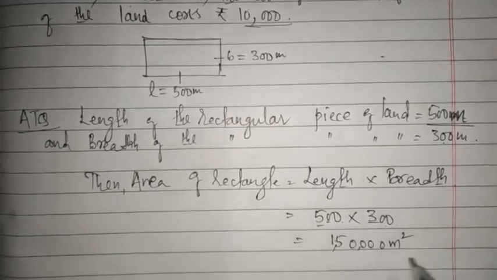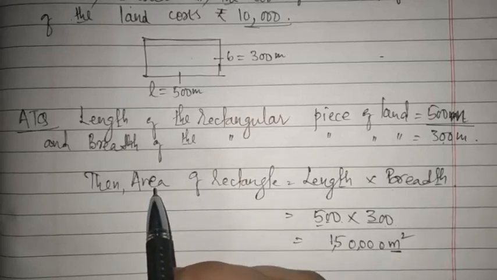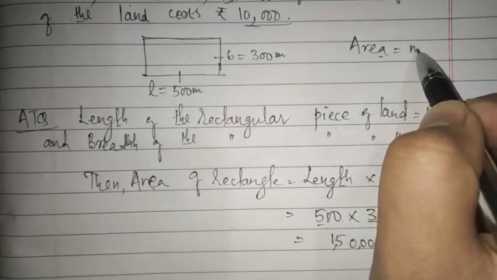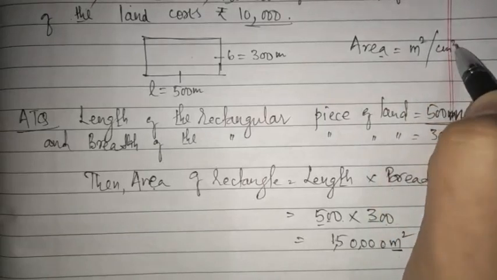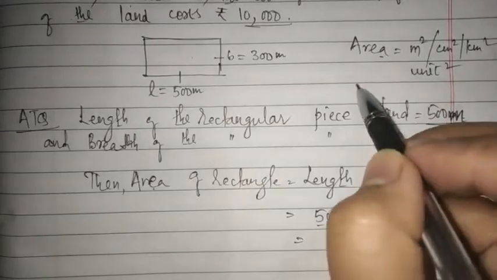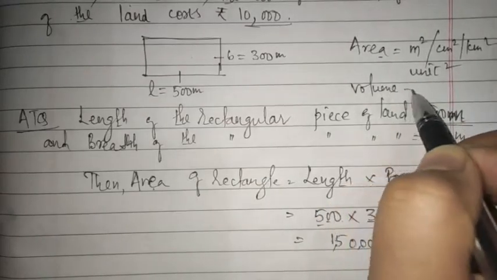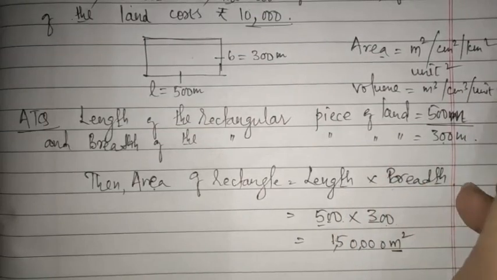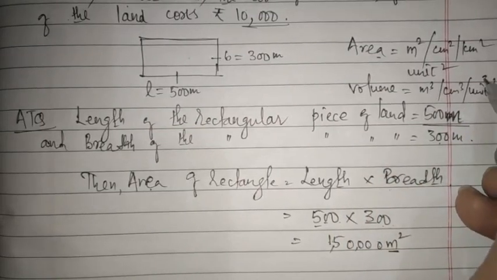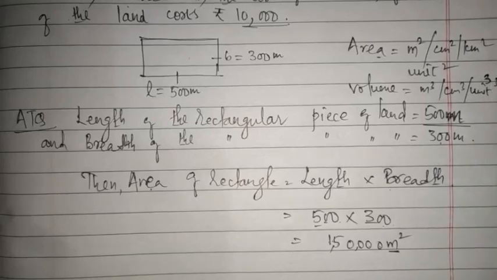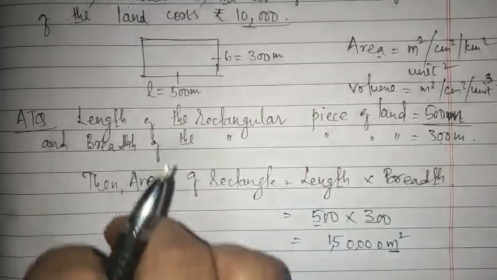Don't forget to put the unit. Whenever you are finding the area, the unit will be meter square, centimeter square or kilometer square, any unit square. Whenever you are finding the volume, it will be cube, meter cube, centimeter cube, any unit cube. Cube should be mentioned. So we have got the area.